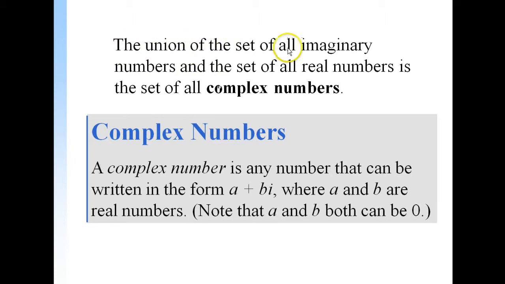So the union of the set of all imaginary numbers and the set of all real numbers is the set of all complex numbers. A complex number is any number that can be written in the form a plus bi. Again, that's the standard form, where a and b are real numbers. Note that a and b both can be 0.